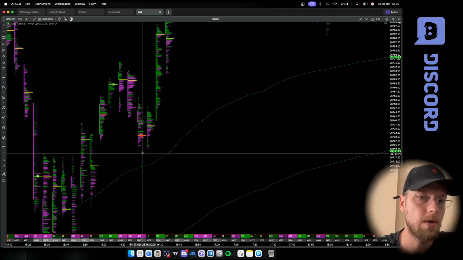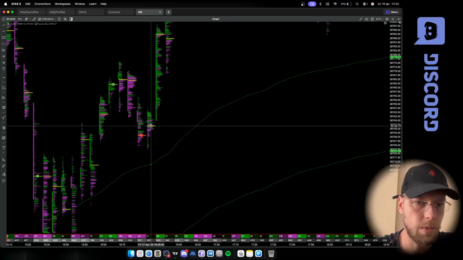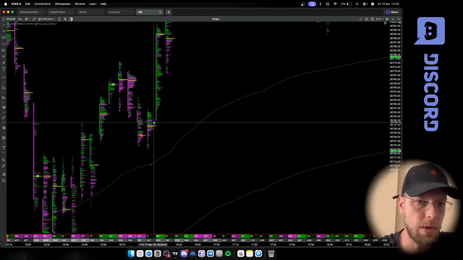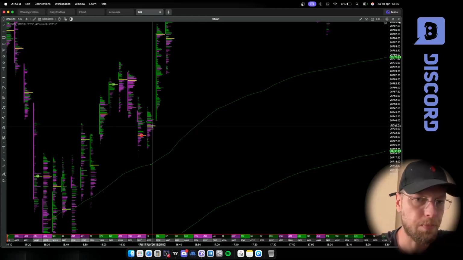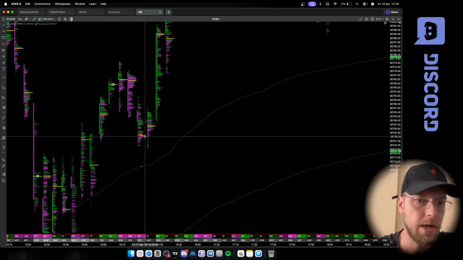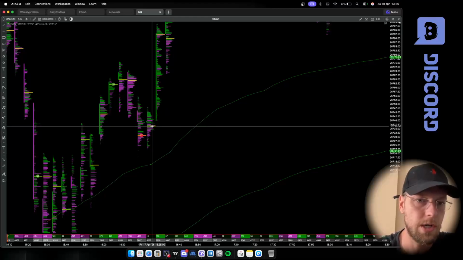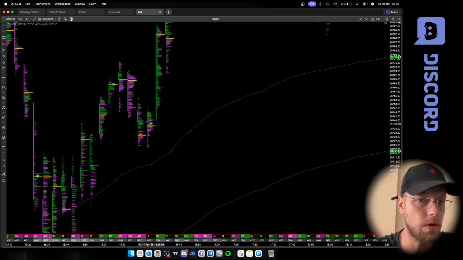Once we hold above it and we stay here, we can go long, especially with point of control shift. And this is the point of control here. And when this candle is developing, you will see this POC, of course, moving.